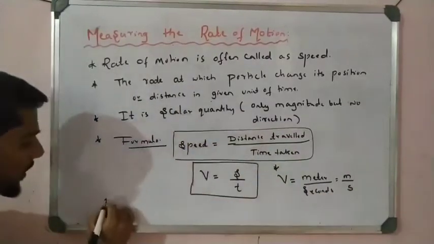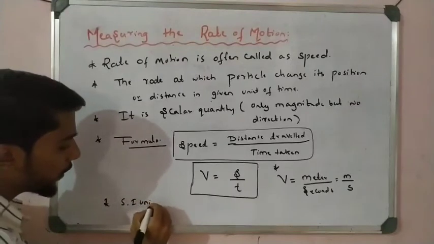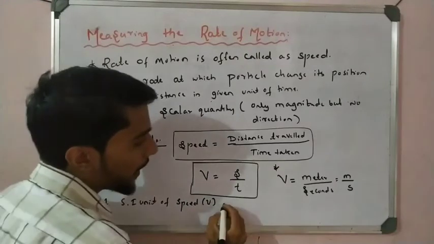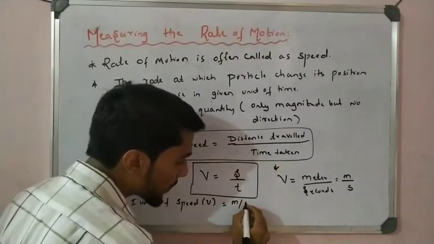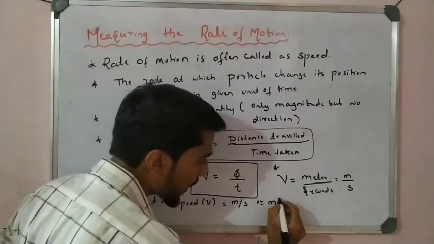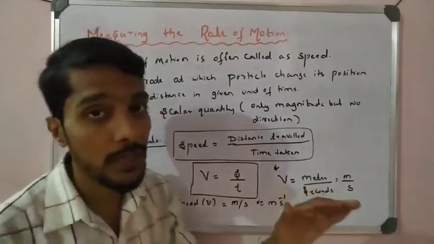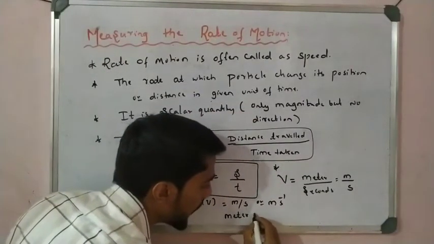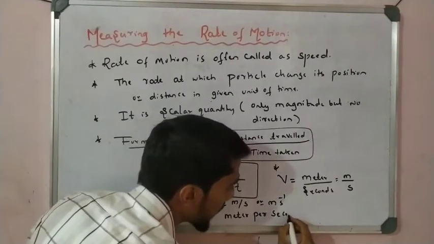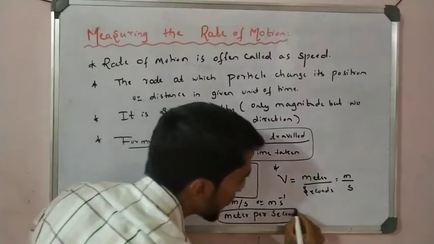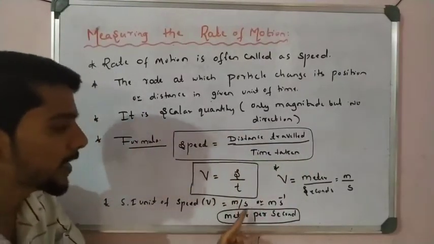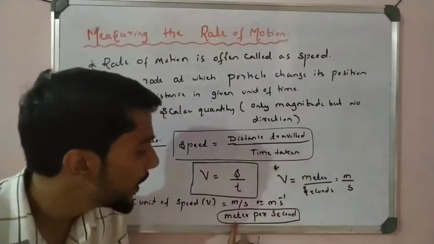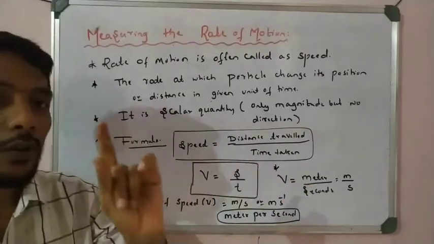We write v is equal to meter per second, or also m s to the power -1, and we read it as meter per second. That is the SI unit of speed.